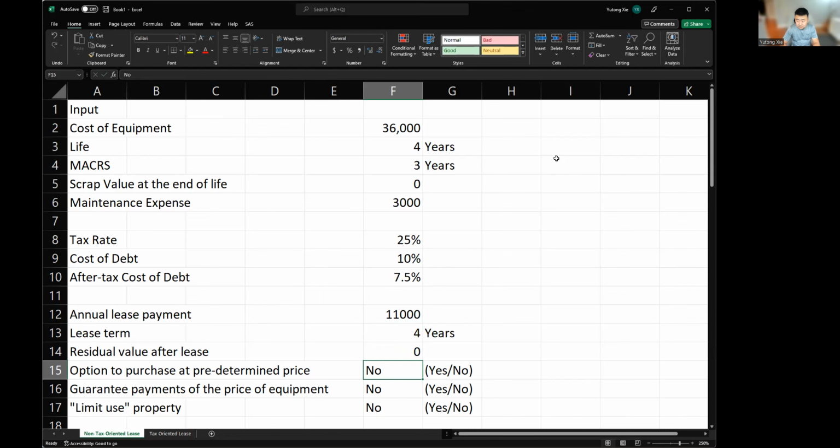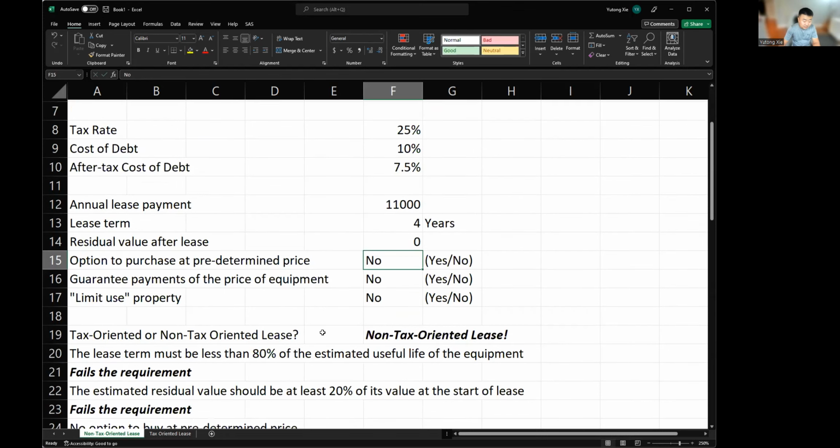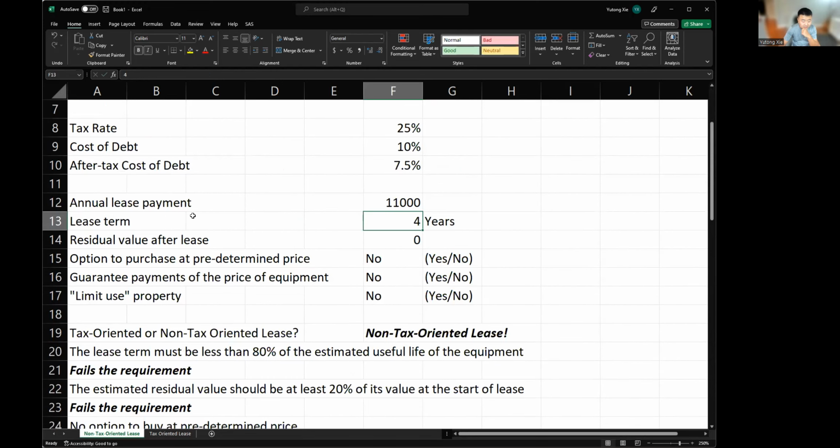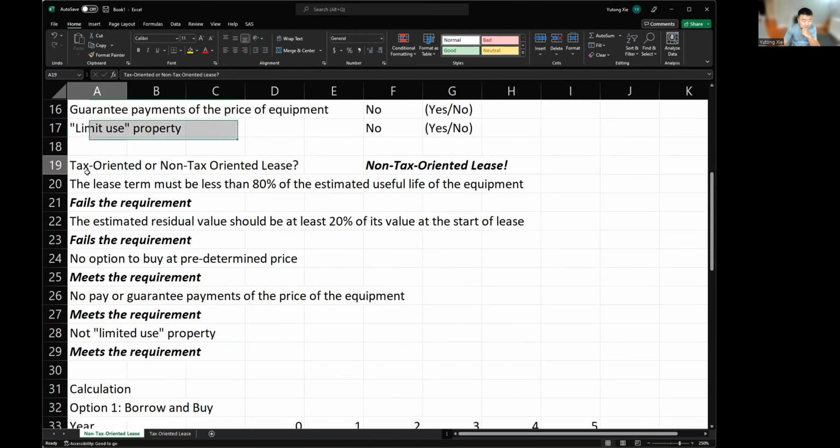So I also have these 3 notes, but the issue is the numbers here, the lease term and the residual value after lease, they basically fail the requirement. So it's a non-tax oriented lease.